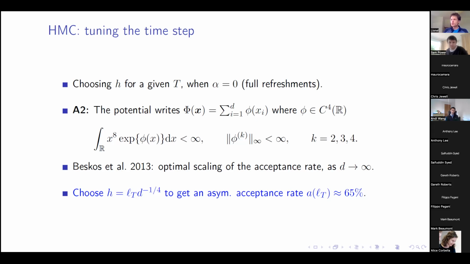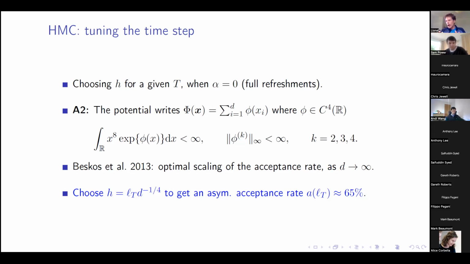So the first result that I'm going to discuss is a result about the scaling limits of the HMC algorithm corrected by this accept-reject mechanism. Right? And so one motivation of these scaling limits is to be able to say something about how to choose a time step to avoid getting a trivial acceptance rate that is either too close to 0 or too close to 1. Okay.